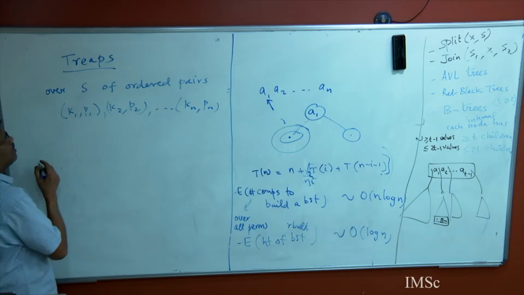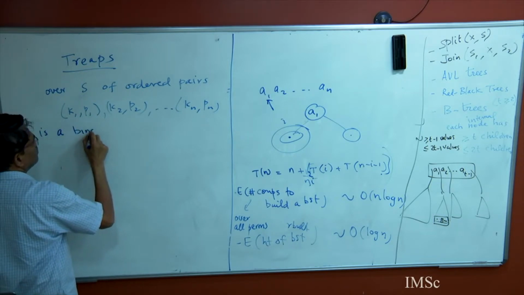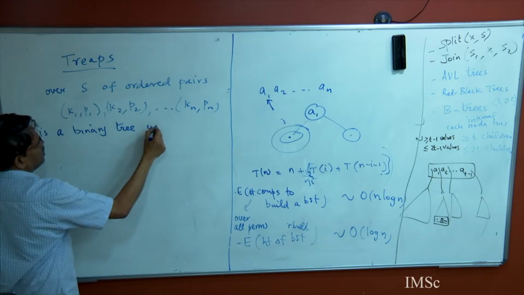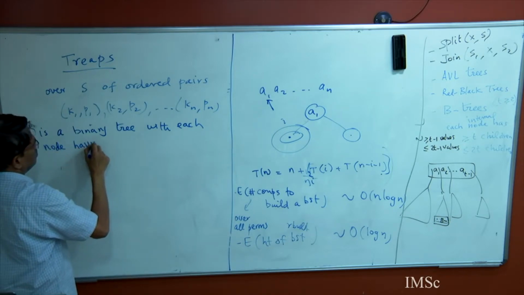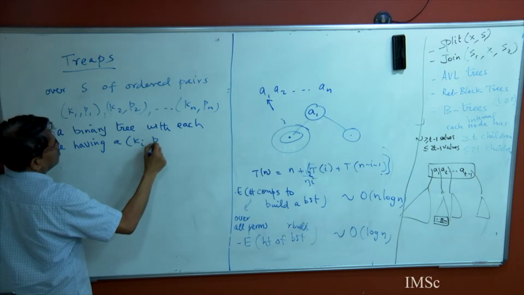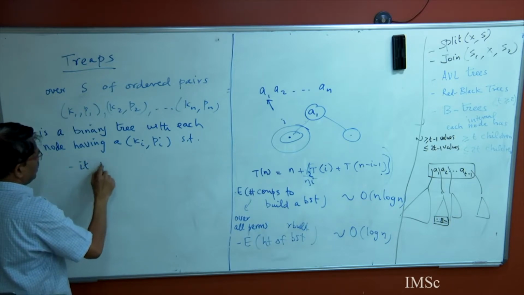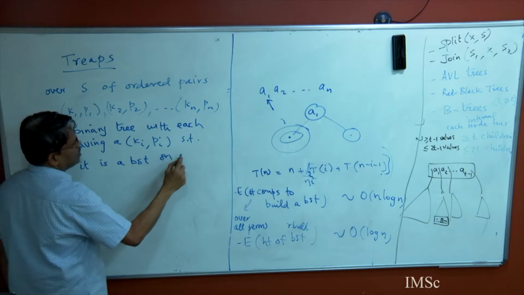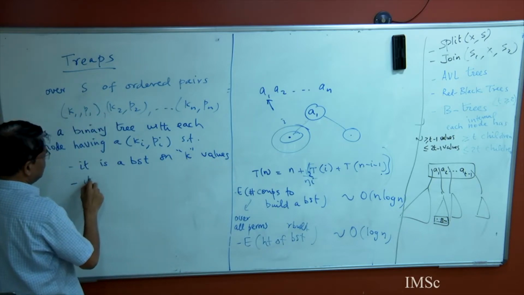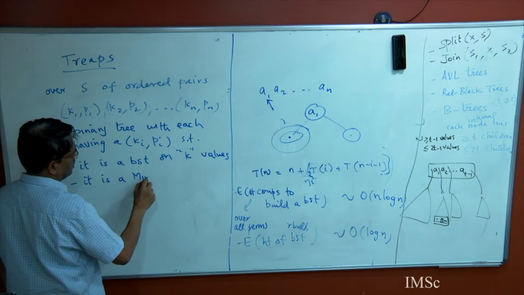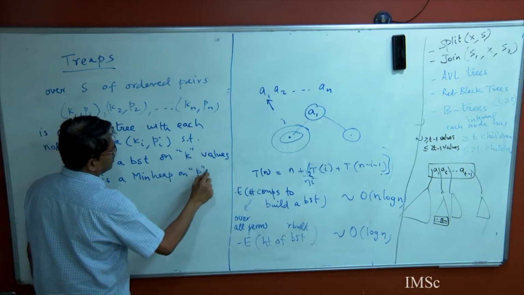A treap is a binary tree with each node having a Ki, Pi, such that it is a binary search tree on the K values, and it is a min heap or min priority queue on the P values, which are the priorities.